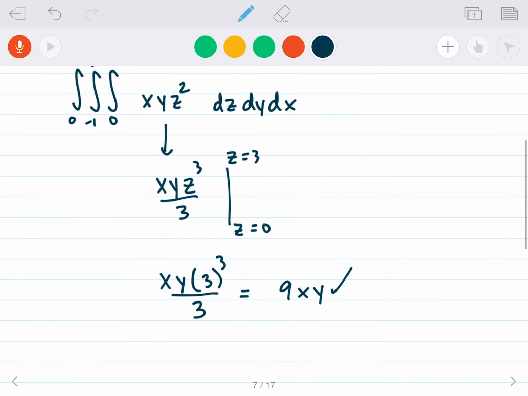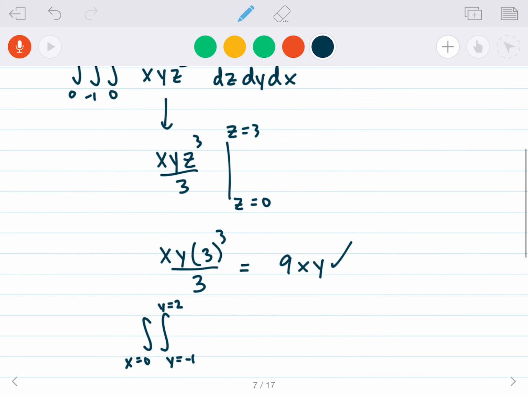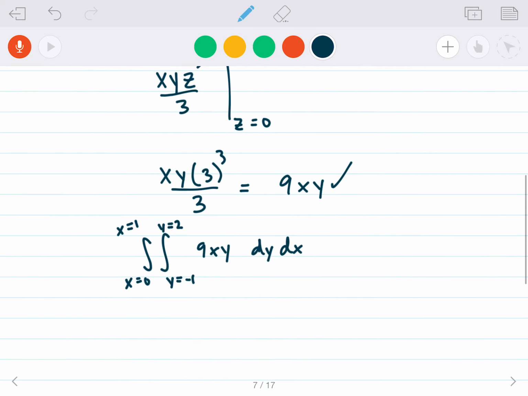Now let's go ahead and look at the other two. So the second one, we're going from y equals -1 to y equals 2. And the outermost one, we're going from x equals 0 to x equals 1. And I'm integrating 9xy first with respect to y, then with respect to x. Alright, so with respect to y, this is going to become 9xy squared over 2.